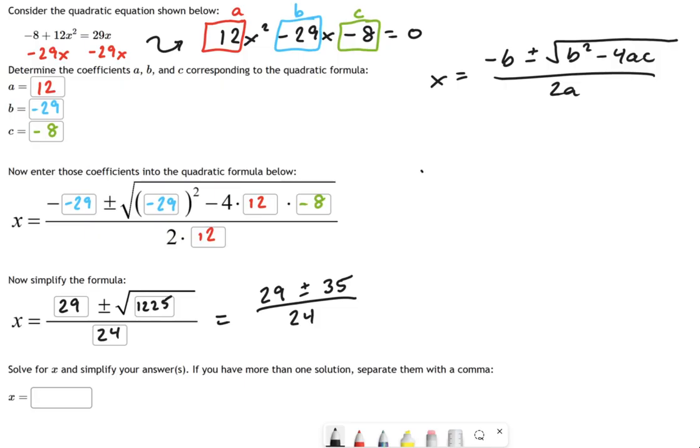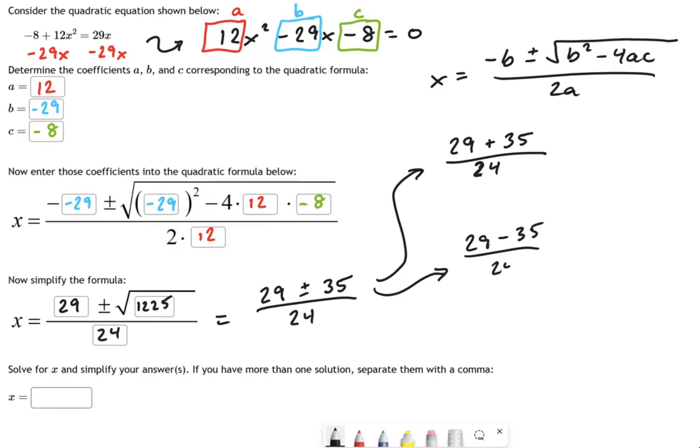Still looks a little busy, so let's break this up according to that plus or minus. I'm going to deal with the plus first. It doesn't matter what order you go in, you just need to get both. So one of my possibilities is 29 plus 35 over 24. And the other possibility is 29 minus 35 over 24.